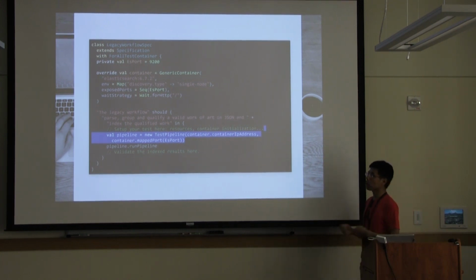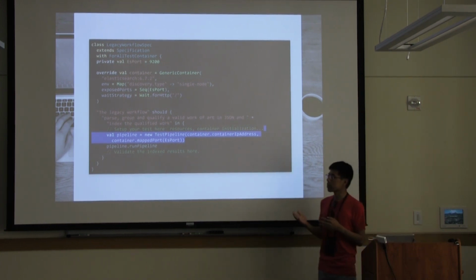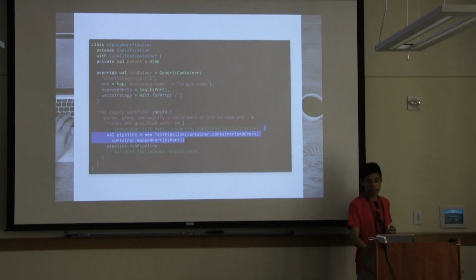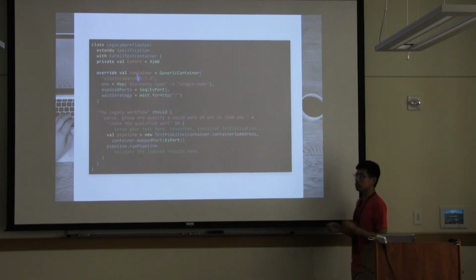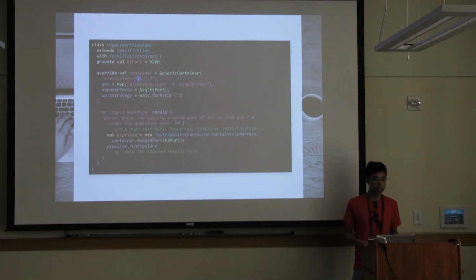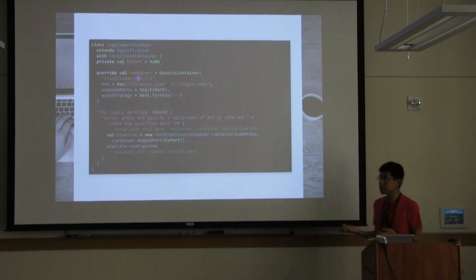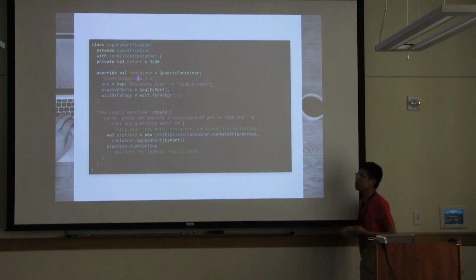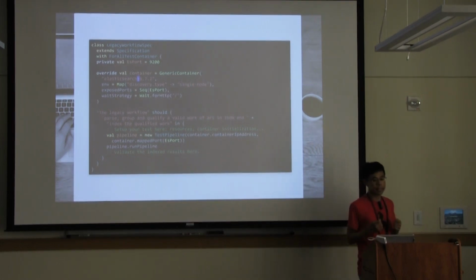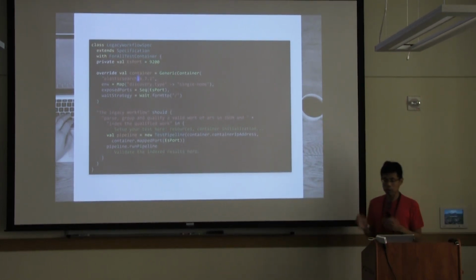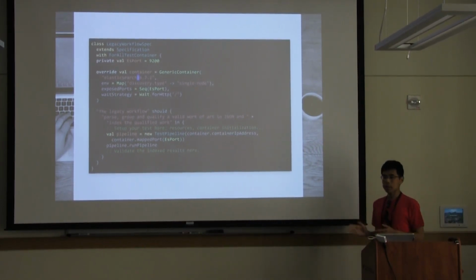And then the pipeline will index the results inside our Elasticsearch container. All that is left for us to do is check whether the results that were indexed were the ones that we expect. And what would be the data that we expect? Well, it would be the first data that we get from the first execution of the pipeline. It would constitute the golden master of our regression test.